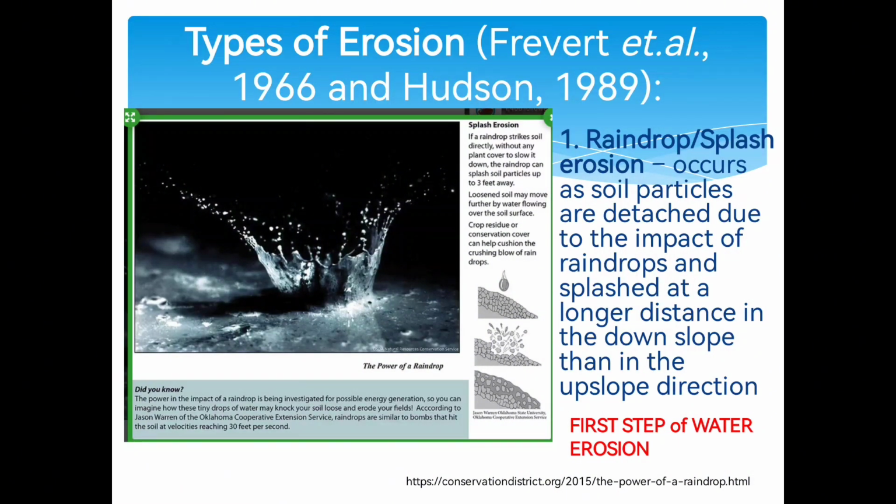Of course, it also varies guys kung yung tanim mo is kahoy or yung mga low-lying plants yung nakatanim. Loosened soil may move further by water flowing over the soil surface, and crop residue or conservation cover can help cushion the crushing blow of raindrops. So ito yung first step ng water erosion.